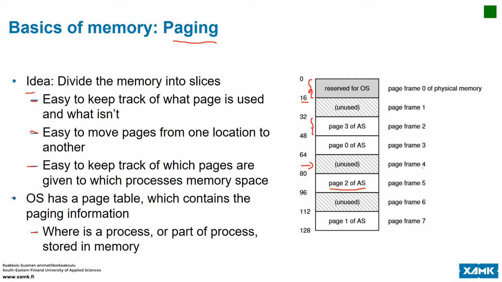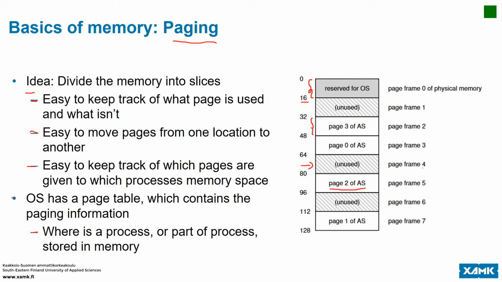The advantage of this is that it's easy to move pages from one location to another. So for example, if we wanted, we could move page 2 here to this unused memory page, which is page frame 4 here.